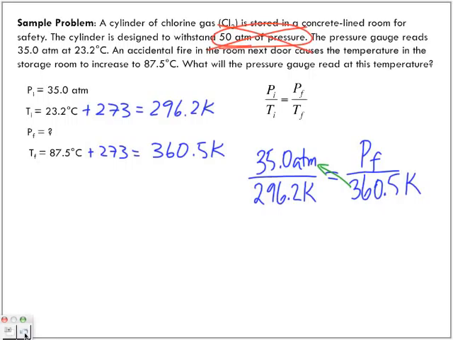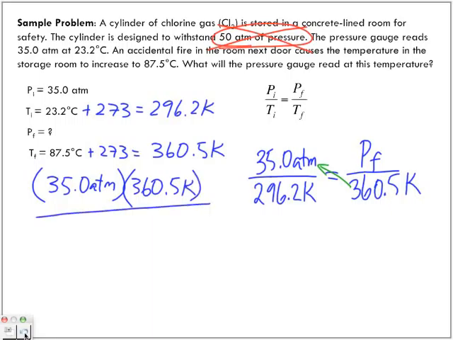And we're lucky here because our unknown is found in our numerator, so it's just a simple shift of the 360.5 from the denominator to the numerator, which treats this as multiplication. So we have 35.0 atmospheres multiplied by 360.5 Kelvin divided by 296.2 Kelvin, which is going to help us find our final pressure.